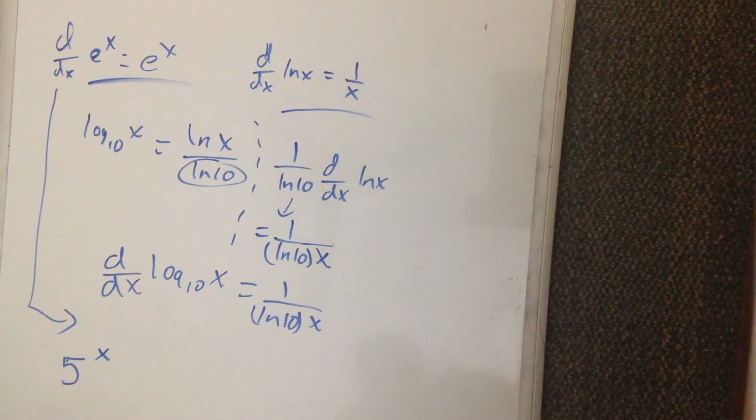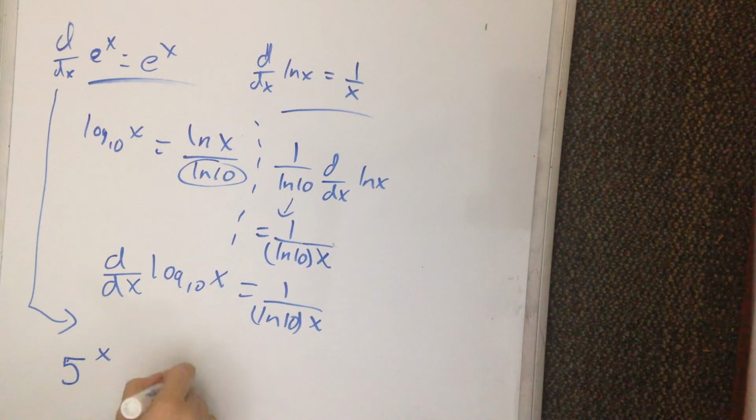Well, let's rewrite 5. So we write this and we remember that we want to get an e.